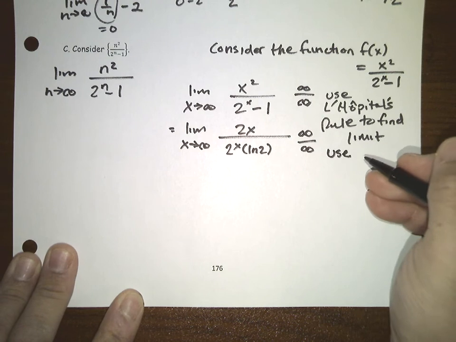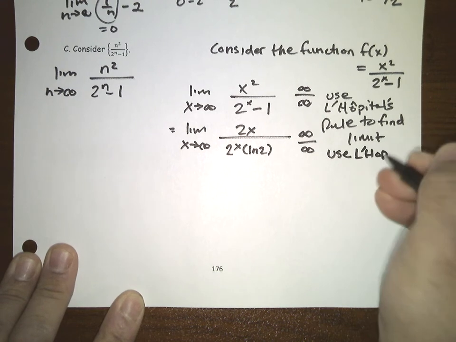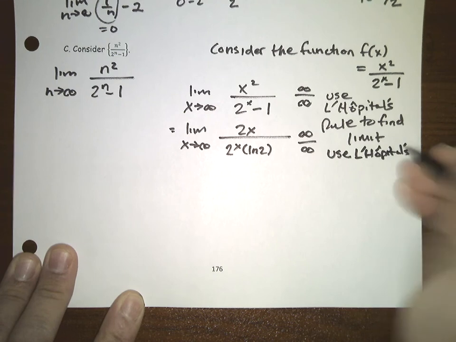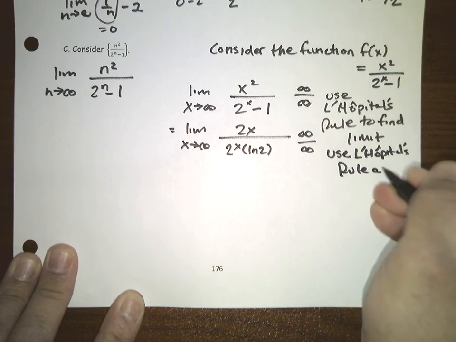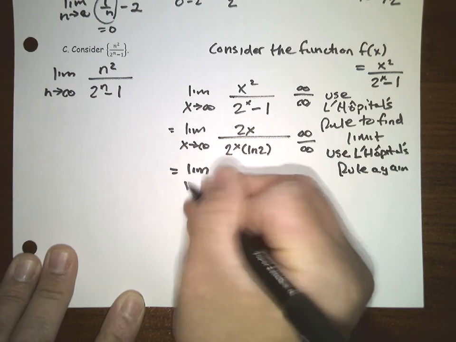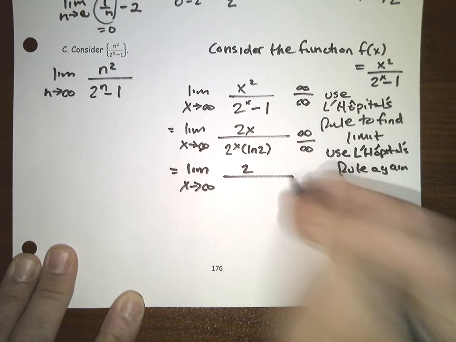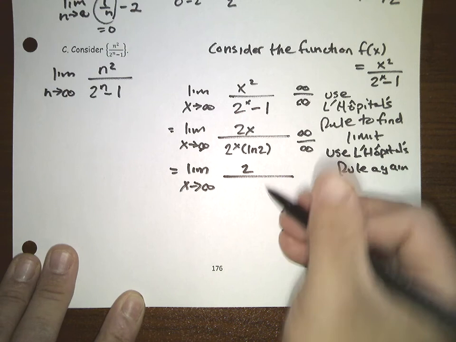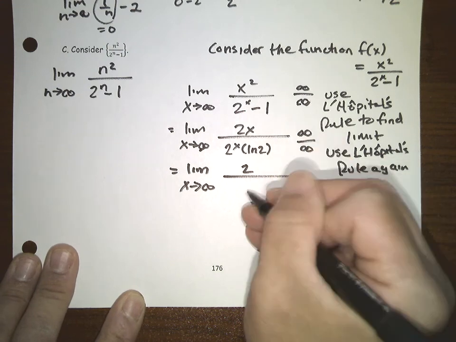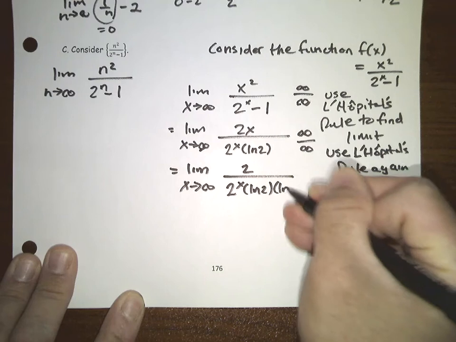So now I have the limit as x approaches infinity, the derivative of 2x is 2, then the derivative of 2 to the x natural log of 2 is 2 to the x natural log of 2 natural log of 2.